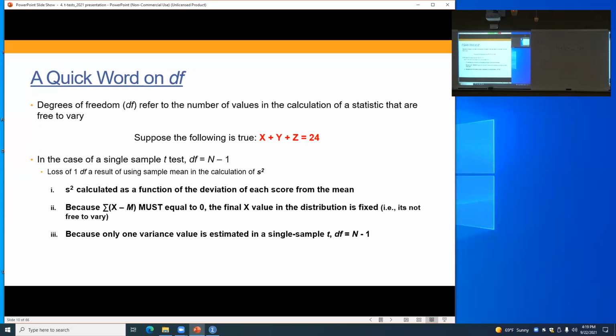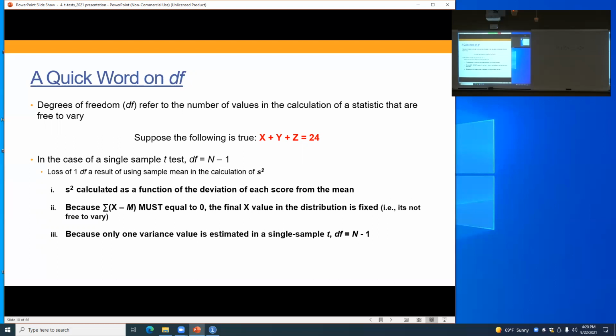And so this is based on the calculation of our variance. If we go through the single sample t, we're only calculating a variance estimate here, right? And we know that our variance is a function of the deviation of each score from the mean. When we're calculating variance, the first thing is to calculate all those deviation scores, and then we square them, sum the squares, and divide.